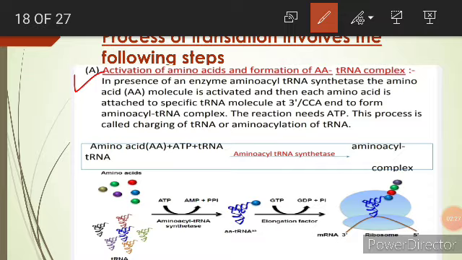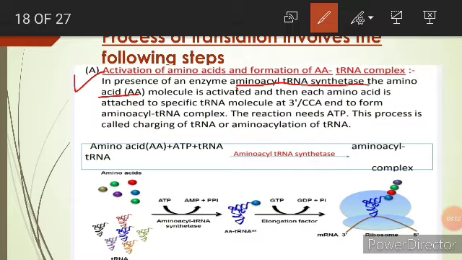This aminoacyl tRNA synthetase reacts with the amino acid, and ATP is utilized as a source of energy, producing the enzyme AA-AMP complex, while at the same time two phosphates are released in this process.